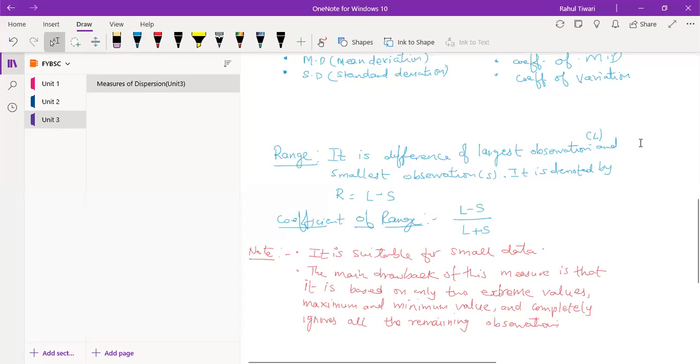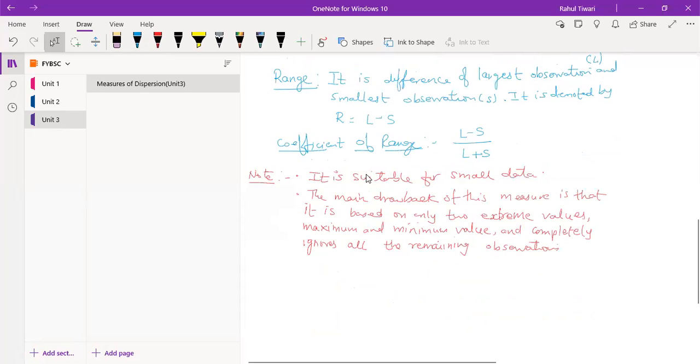So let us take one example to understand. I hope you have cleared the theory concepts of range. So let's take example number 1.